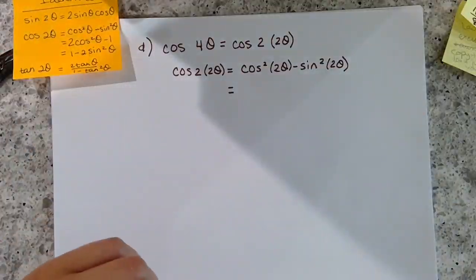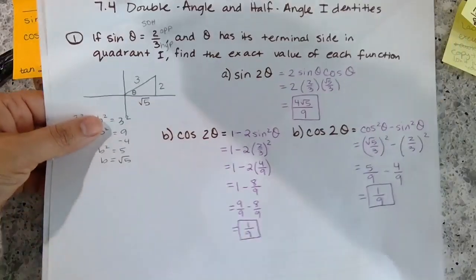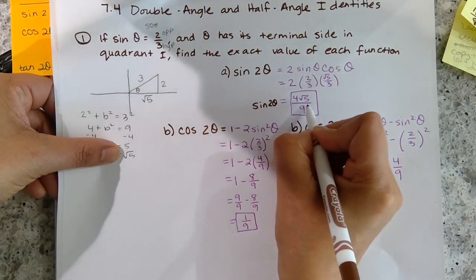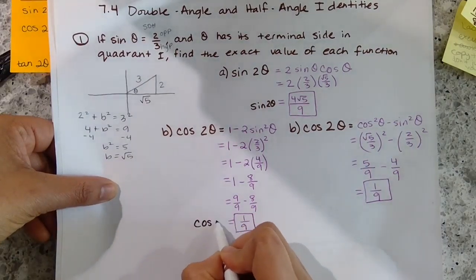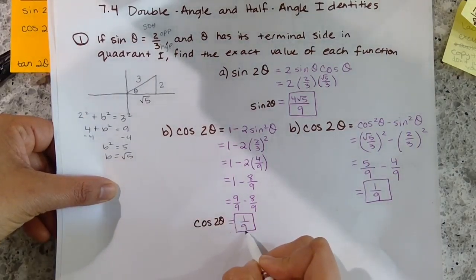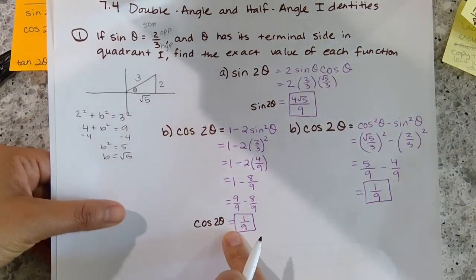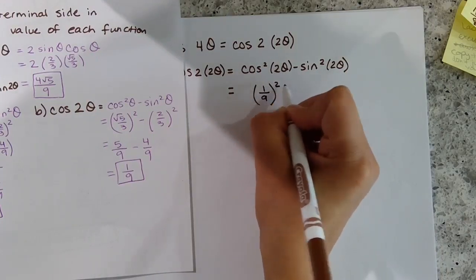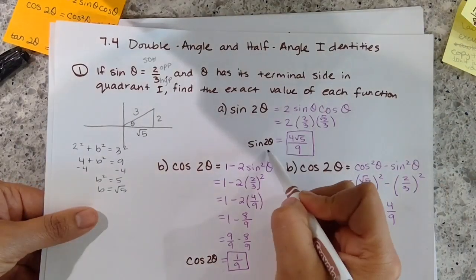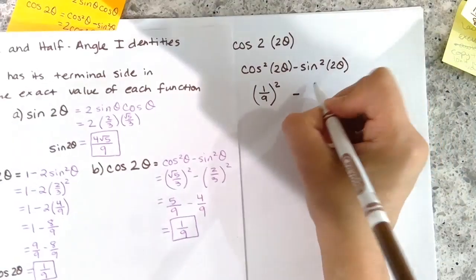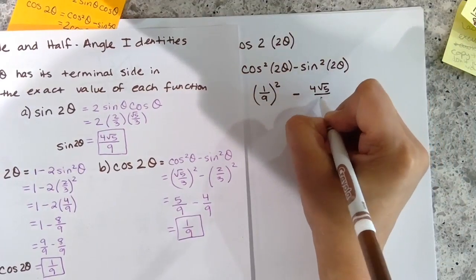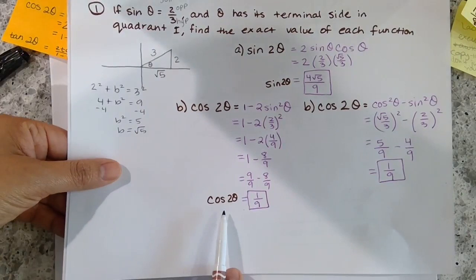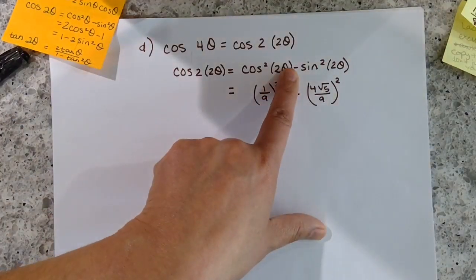Well, if you look back to the problems we've done, we actually figured out that the sine of 2 theta is this, and the cosine of 2 theta is this. So we're going to use cosine 2 theta, 1/9 squared minus the sine of 2 theta squared, and again, that's because I knew sine of 2 theta, cosine of 2 theta. And here, I'm plugging it in.